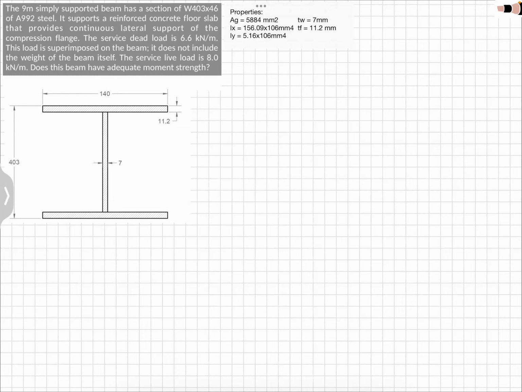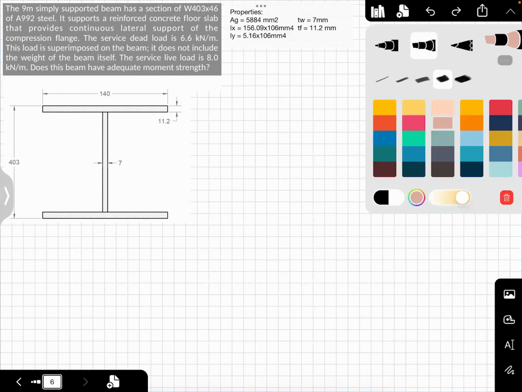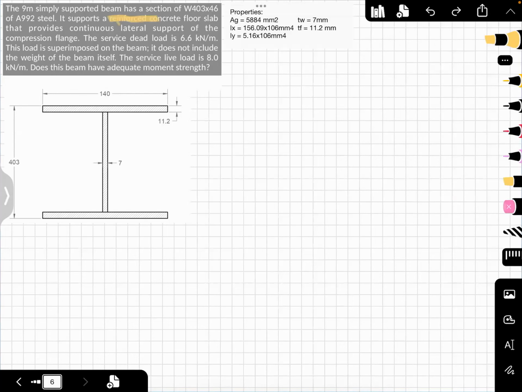So according to the problem, the beam provides a continuous lateral support. I-highlight natin. So ano daw siya? It supports a reinforced concrete floor slab that provides continuous lateral support.